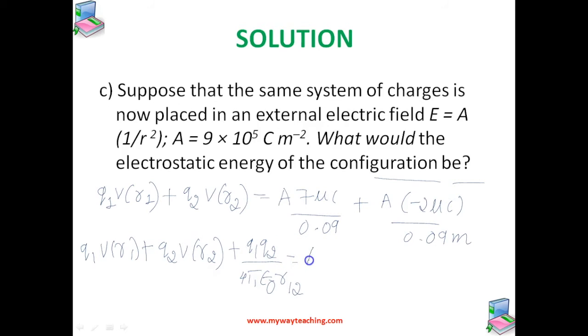So here A into 7 microcoulomb by 0.09, A into minus 2 microcoulomb by 0.09, and Q1 Q2 term that we already calculated, that is minus 0.7 joules, isn't it?